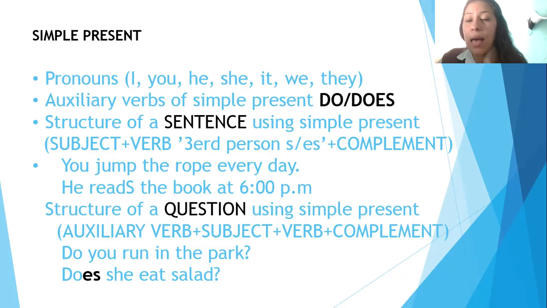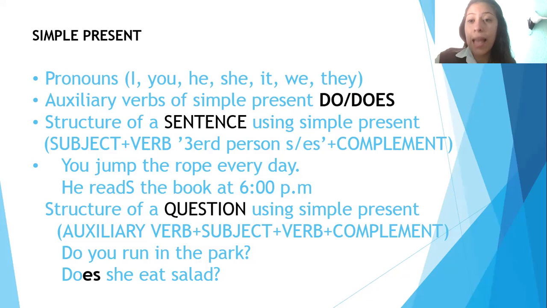It is because I'm talking about you. The other example says he reads the book at 6 p.m. It is a routine that he reads the book at 6 p.m. Why do we have S at the end of the verb? It is because I'm using he, which means I'm using a third person.